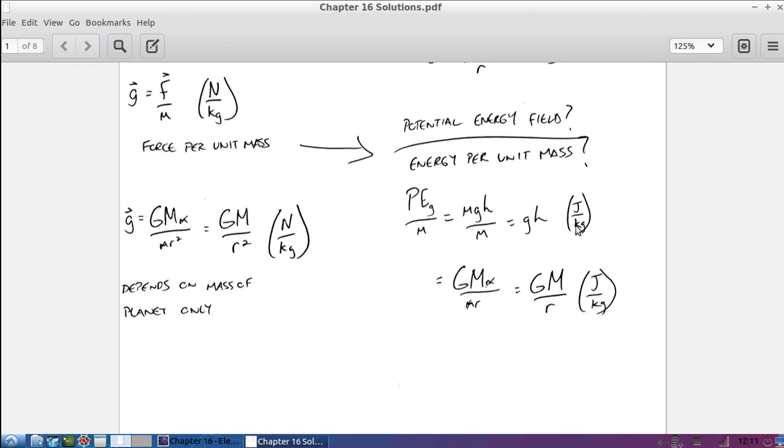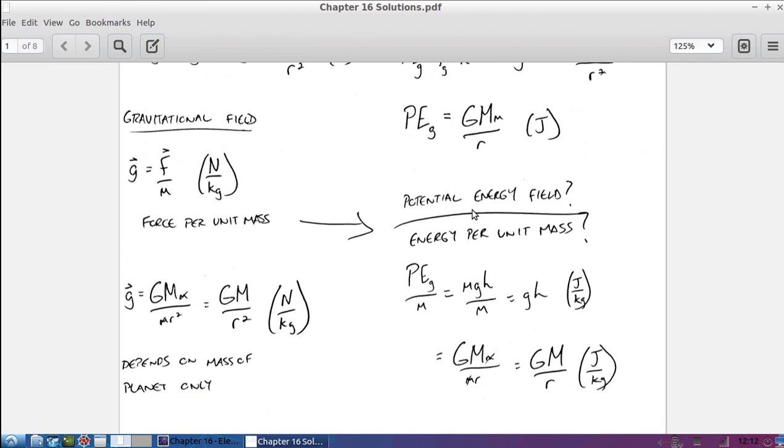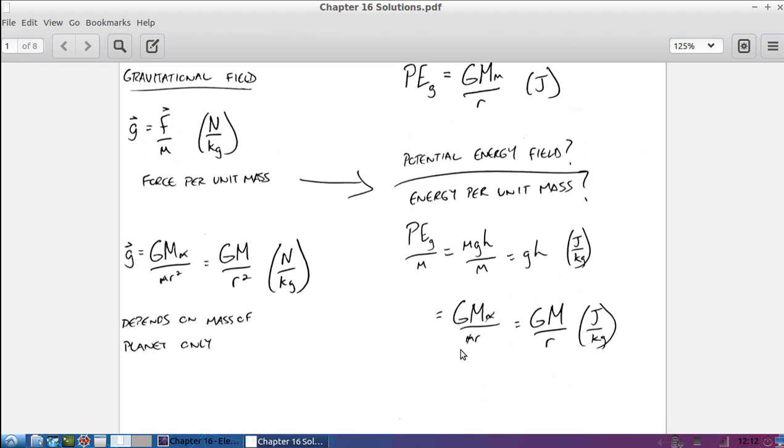Energy per unit mass. Now if I took Newton's law of universal gravitation, and this potential energy term I derived from that, if I divide that by the mass of the moon, I get this expression here. Which again, just like with the force field, my gravitational field only depends upon the mass of the Earth.